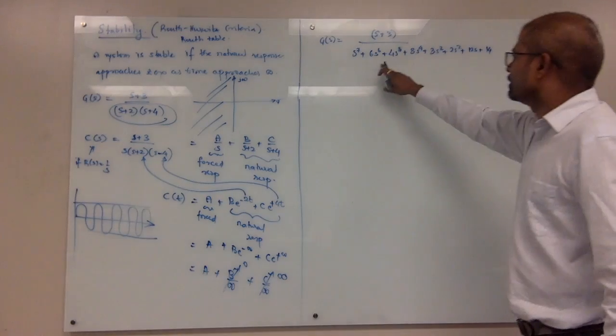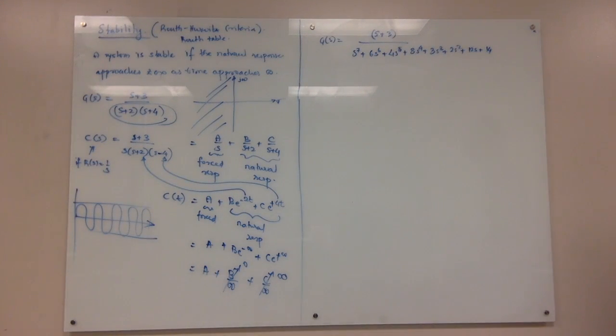If you have a system like this, how do you define stability for this? You figure out the roots. How do you determine the stability of this?